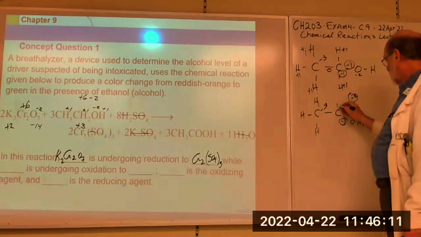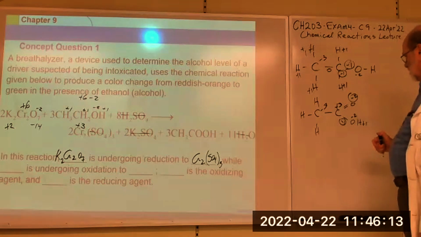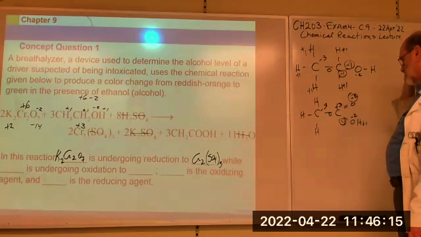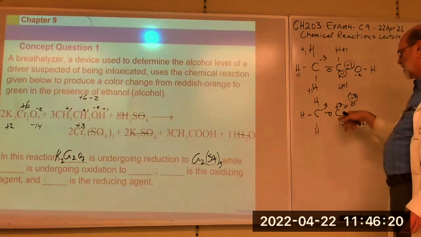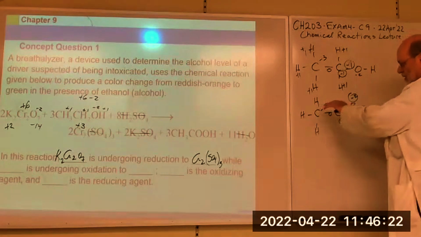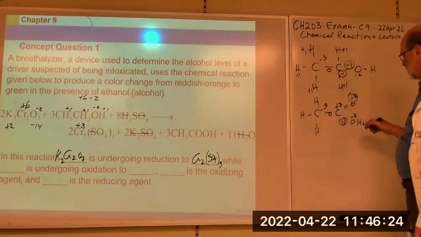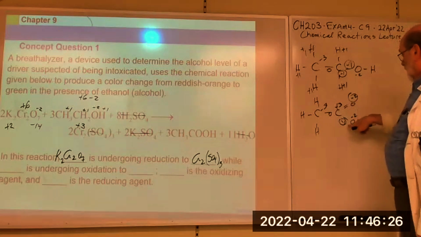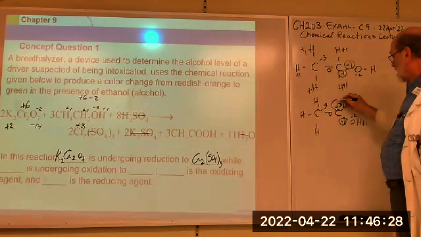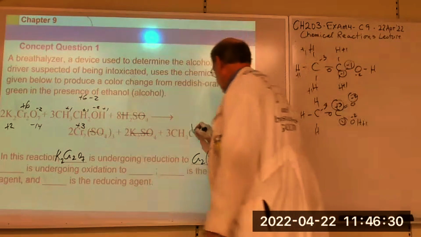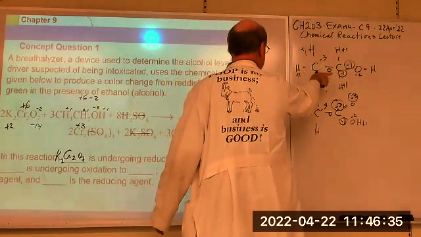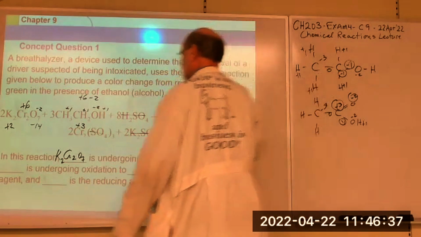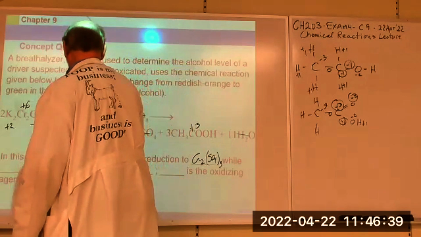Now this one is +3 because this one's 0. Right? These carbons are essentially equal, so that bond says that there's really no difference between the two. So this one's +3, and over here I said it was -1.